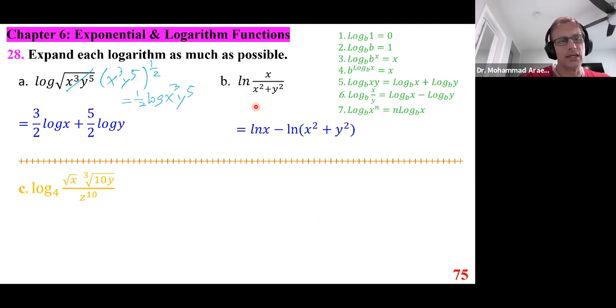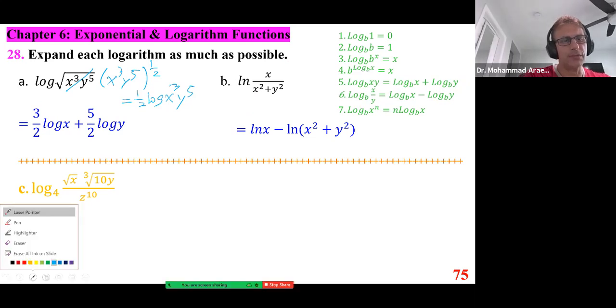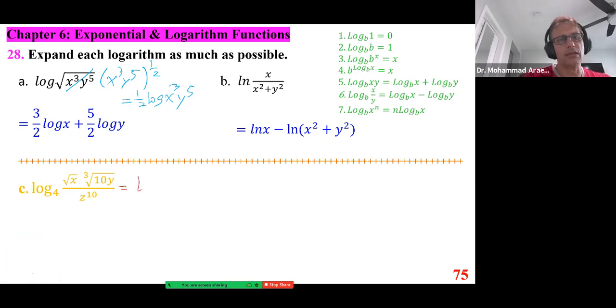Okay, let's take a couple of steps here. We can write this as log base 4 of square root of x plus log base 4 of cube root of 10y minus log base 4 of z to the power of 10.